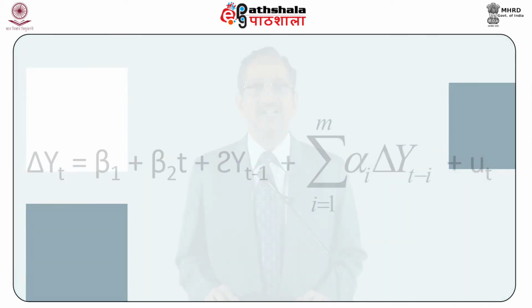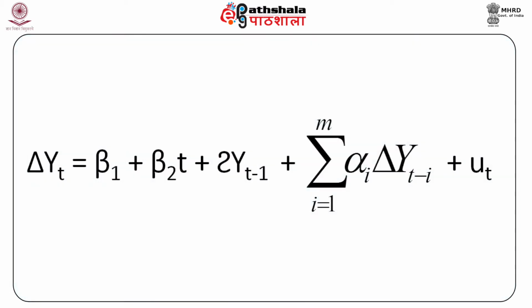So when the error term is converted into white noise, our equation becomes delta yt is equal to beta 1 plus beta 2t plus delta yt minus 1 plus summation alpha i into delta yt minus i, where i, as I mentioned earlier, takes the values from 1 to m, and the last term is plus ut, where ut is the pure white noise term.